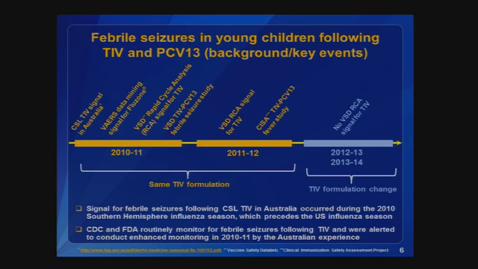So we routinely conduct monitoring for febrile seizures every year during the influenza season. And for that season in particular, because of what we observed in Australia, we were reviewing every seizure report that came into VAERS, and we also were looking at other risk intervals in our VSD rapid cycle analysis, namely a 0 to 1 day risk interval in addition to a 0 to 7 day risk interval.